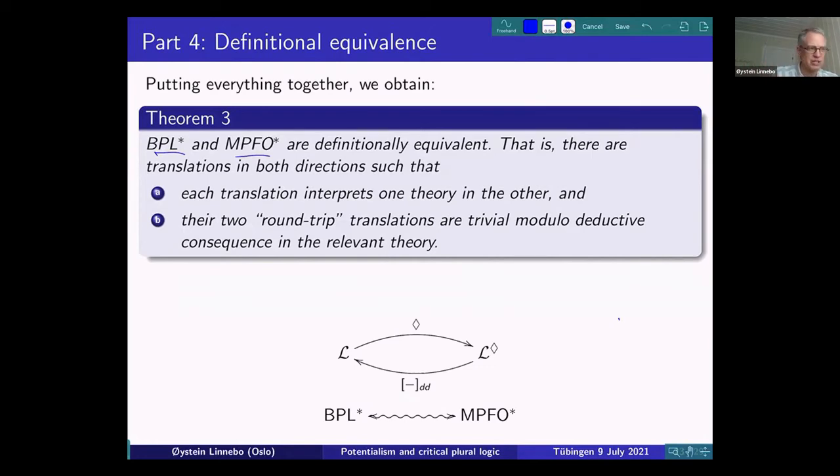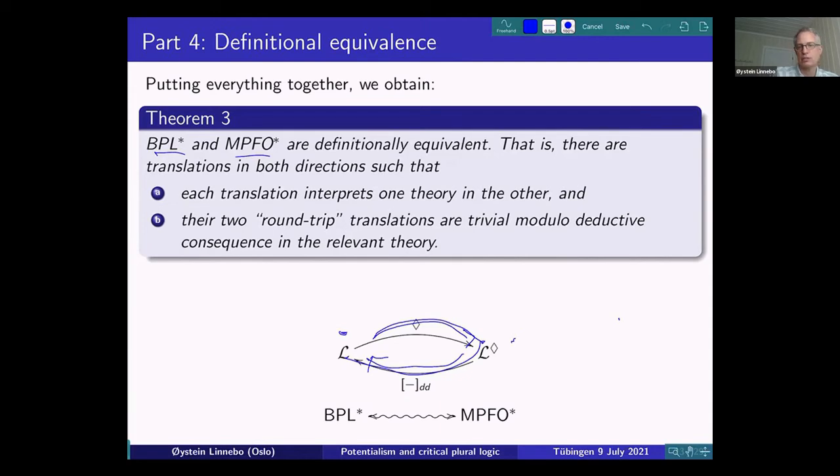You add just a tiny bit to get this result to come out in such a way that both of the translations I've talked about give you an interpretation, and indeed a faithful interpretation of one system in the other, and also such that the round-trip translations go first like that and then back again. That is logically equivalent to just staying put in L, and likewise on that side, right?